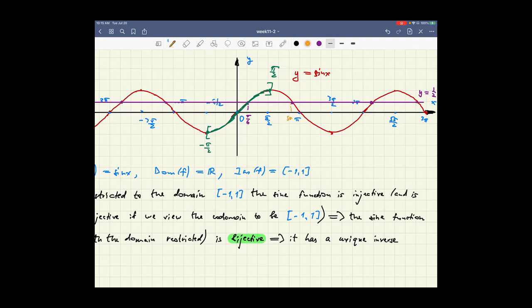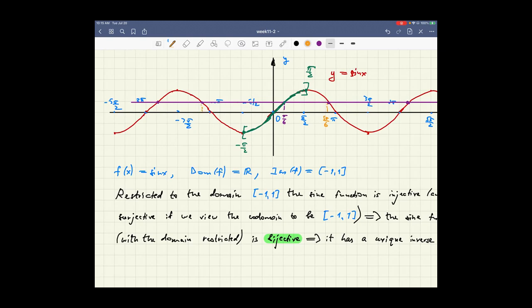For instance, 5π/6, -7π/6, -11π/6, and infinitely many more. But only one of them, π/6, belongs to the interval -π/2, π/2.